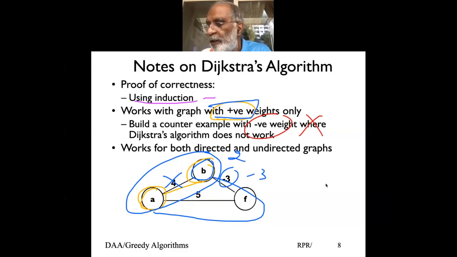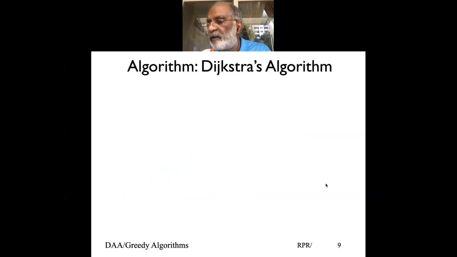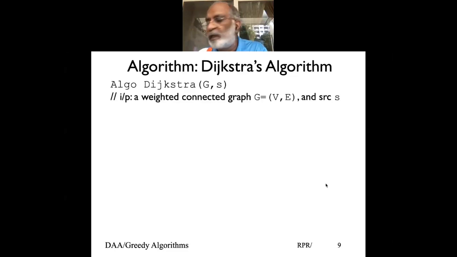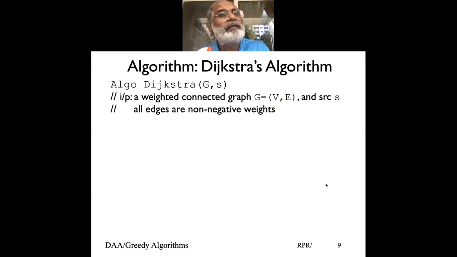Further, it works for both directed and undirected graphs. It doesn't matter what kind of graph it is. So to look at how my algorithm looks, simplistically, I start with a connected graph, assuming graph V and E, and given a source vertex S. We assume that all edges are non-negative weights.